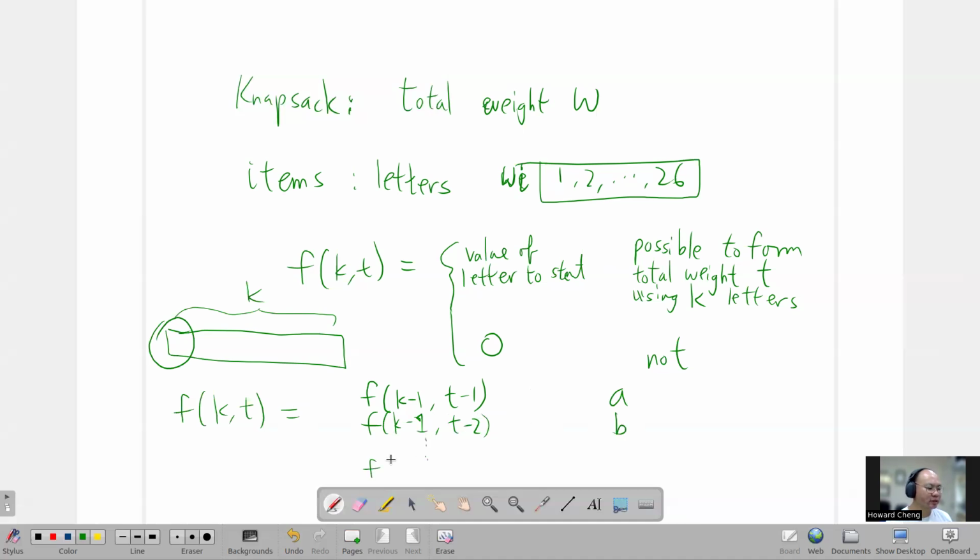Dot, dot, dot. So I tried 26 different things. And if any one of them comes back as a non-zero value, then I pick that one, and that's okay. That means I can do it. For example, if this one comes back as non-zero, it means that if I choose the first letter as B, I can continue and finish. If all of them give me 0, then that means I cannot do it no matter what.